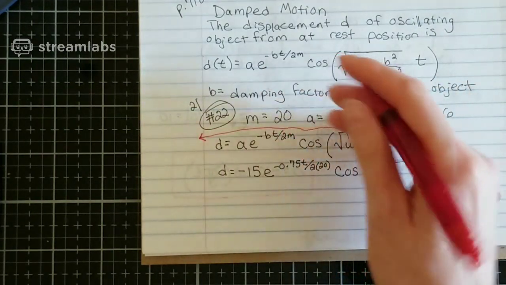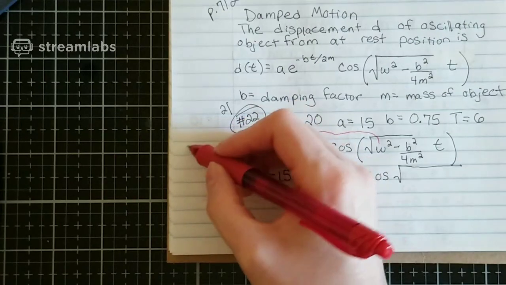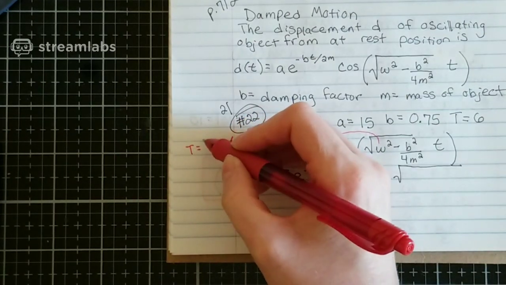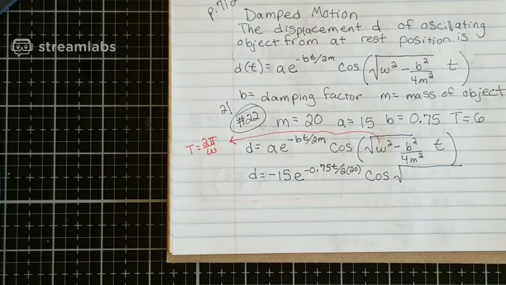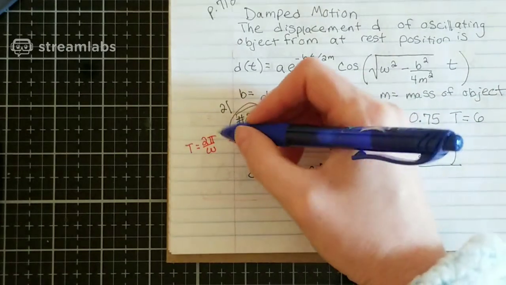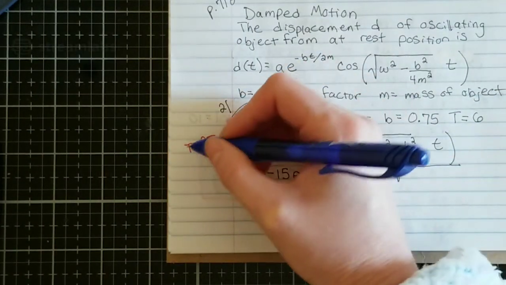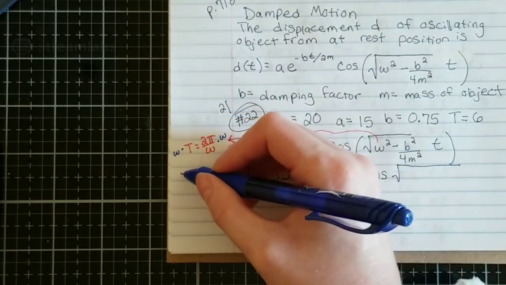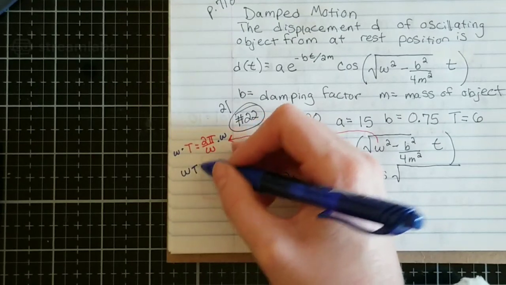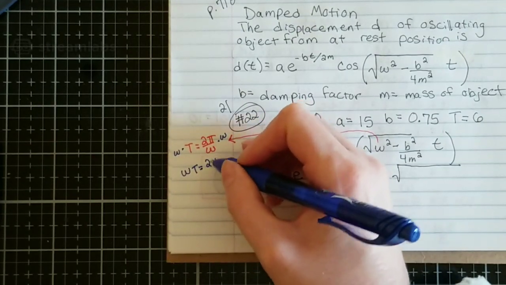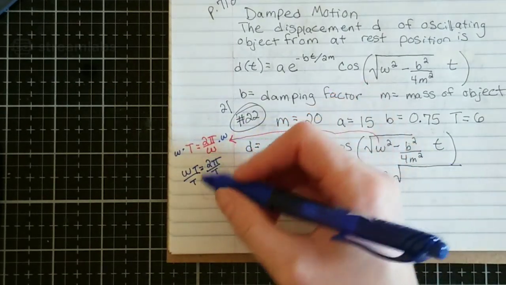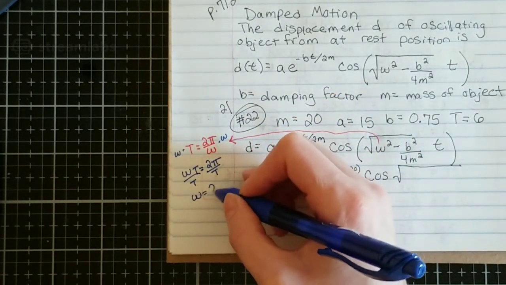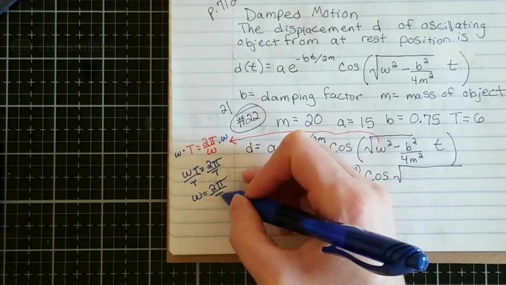My brain is thinking that capital T equals 2 pi over W, and we're going to use that to solve for W. All right, so we're going to times both sides by W. So I get WT equals 2 pi. And then we're going to divide by T, because I do know capital T. So W equals 2 pi divided by T.